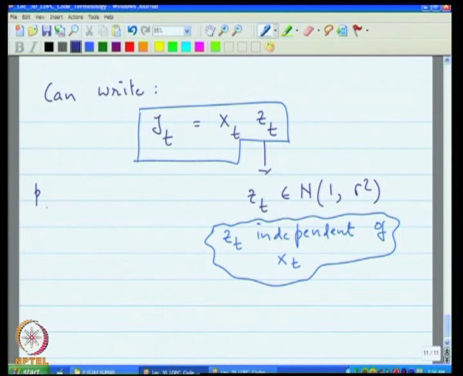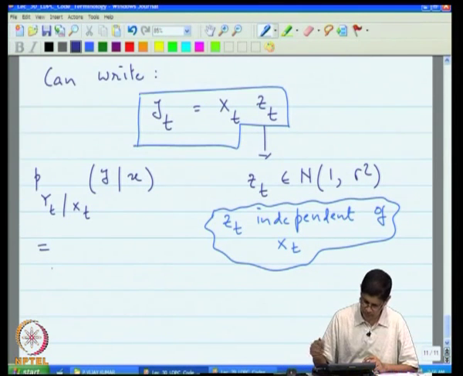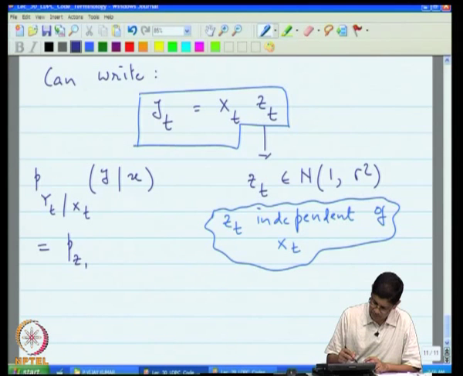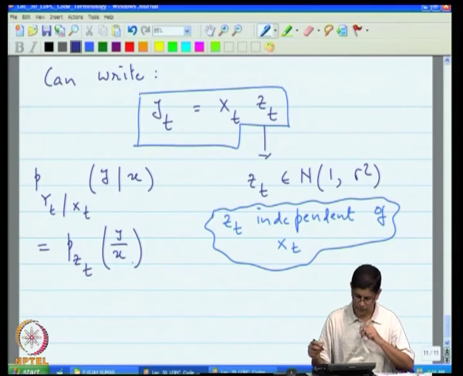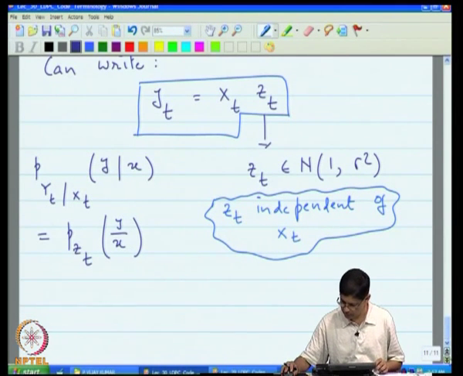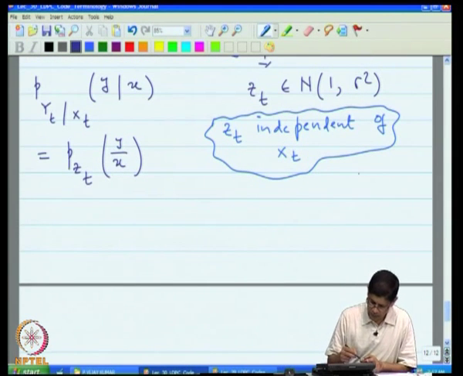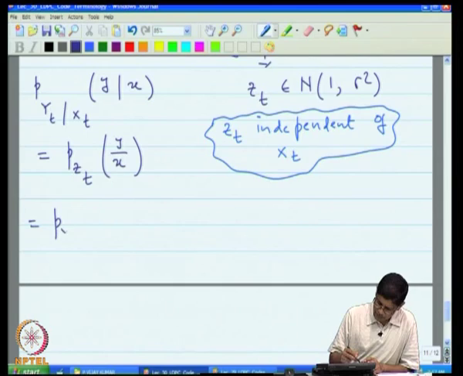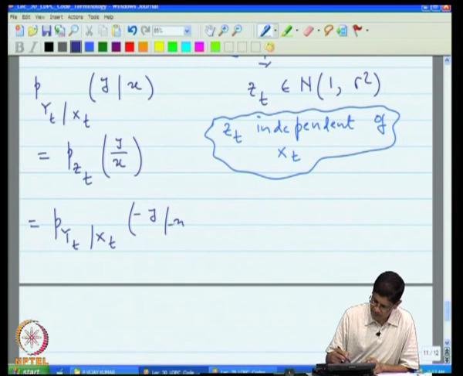Okay. Now, notice one thing, that in this particular case, supposing I asked you to compute P of y t given x t of y given x. Now, that is easy to see that that is precisely P of z t evaluated at y divided by x, and it is also easy to see that this is also equal to P of y t given x t of minus y given minus x.